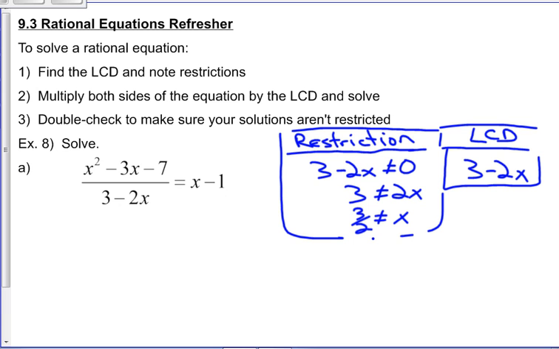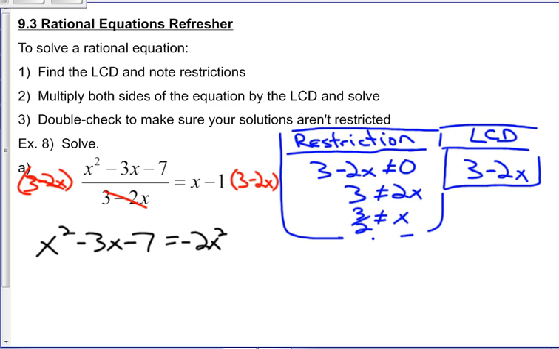From there, we multiply both sides by the lowest common denominator. And on the left-hand side, these are just going to happen to divide out. So we'll be left with x squared minus 3x minus 7. On the right-hand side, if I multiply those all out, I'll get negative 2x squared.